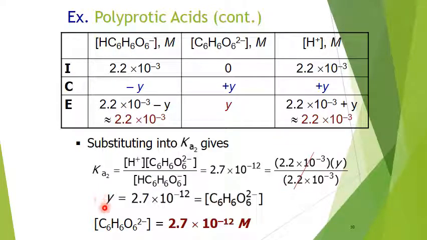Plug them in, and you get the concentration of the second conjugate base as 2.2 times 10 to the minus 12 molar, which is really tiny, and you really won't hardly notice it in most experiments. Okay, so that's that, and I think I've got one or maybe two more slides to give you, and we're almost there.